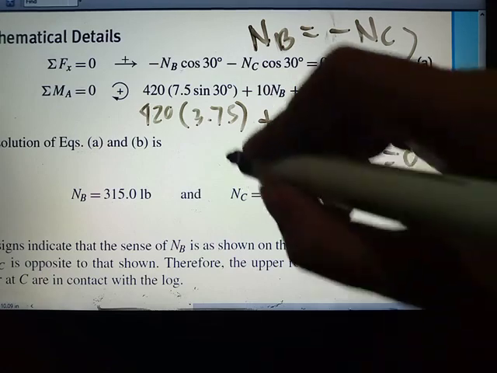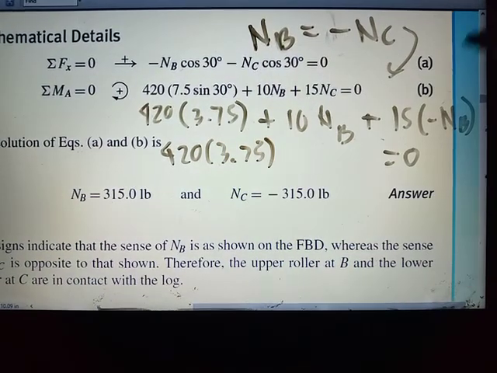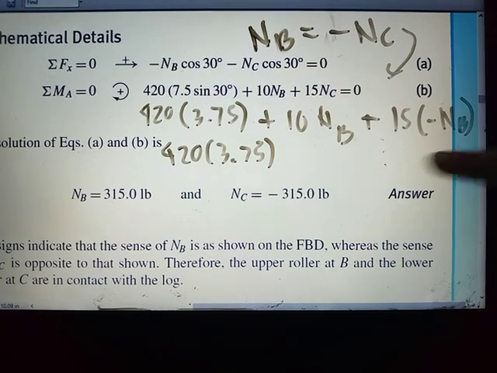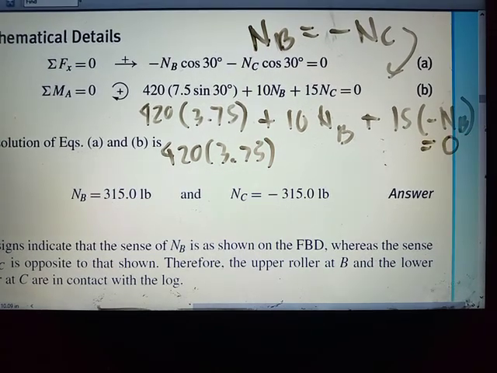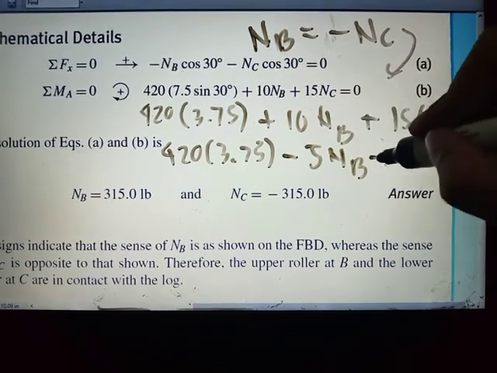So here, 420 times 3.75, 10 NB, then negative 15, so negative 5 NB equals 0.